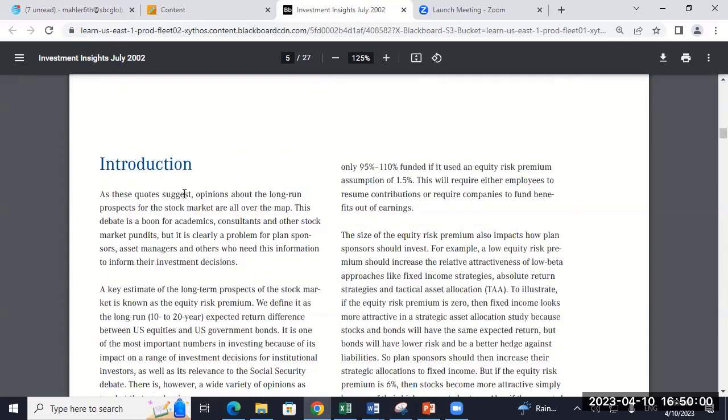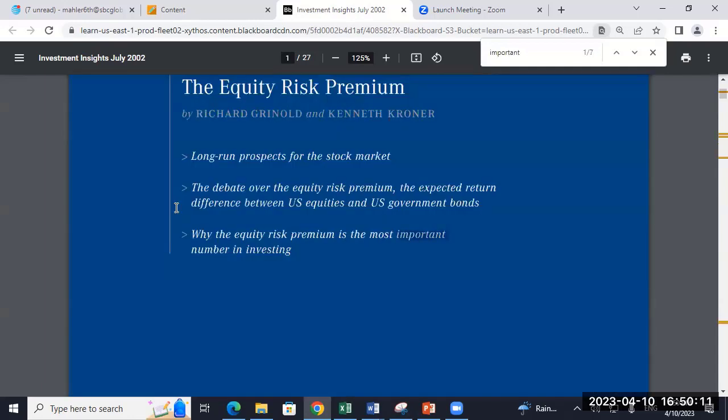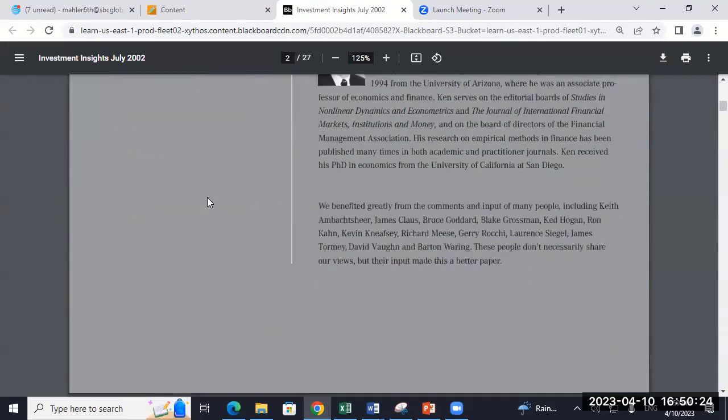I don't know how many times they use either one of those words. Why equity risk premium is the most important number in investing. I've seen it as part of finance as well. I don't know if they actually answer that question. I'm sure they do.